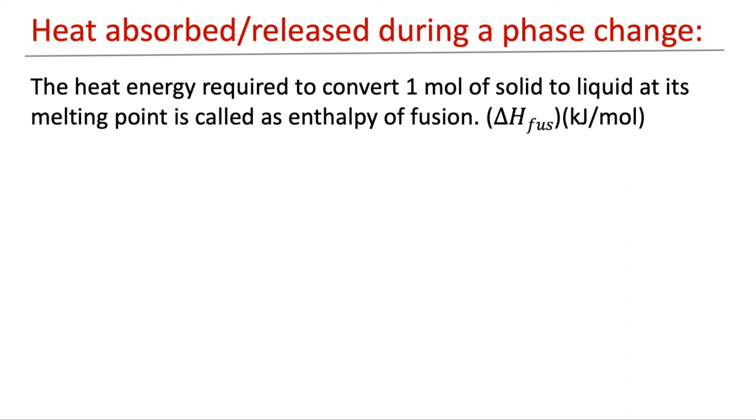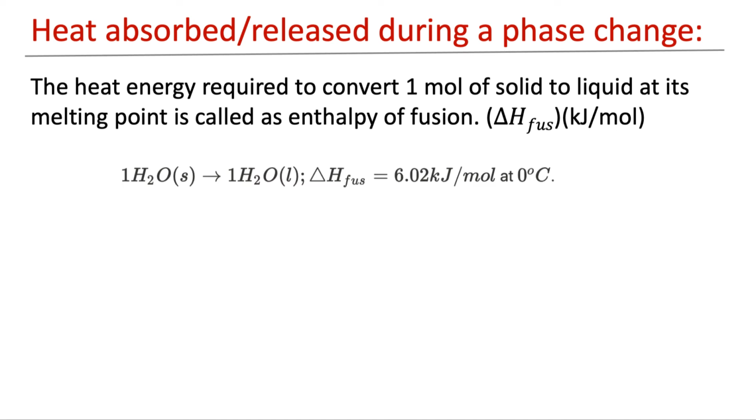Enthalpy of fusion is a positive number because during this phase transition from solid to liquid, heat flows into the system. For example, for 1 mole of solid ice converted into 1 mole of liquid water, enthalpy of fusion for this reaction is 6.02 kilojoules per mole at 0 degrees Celsius.